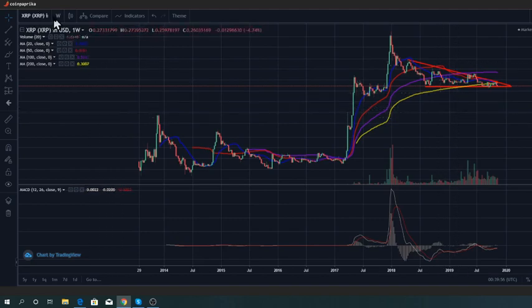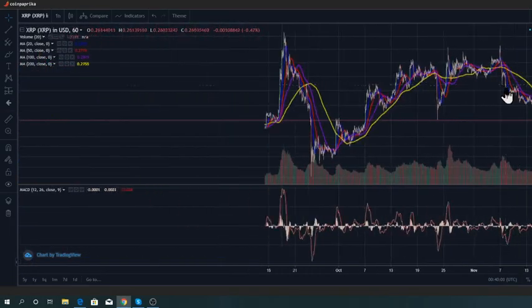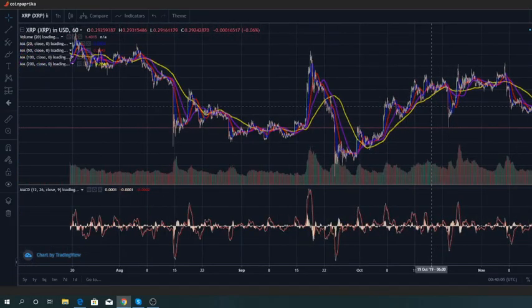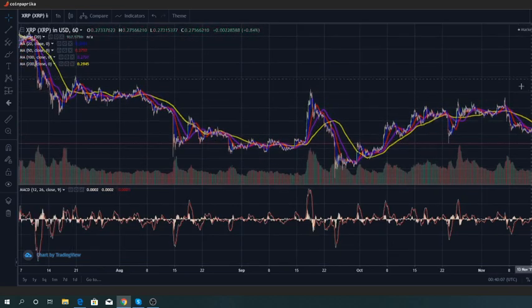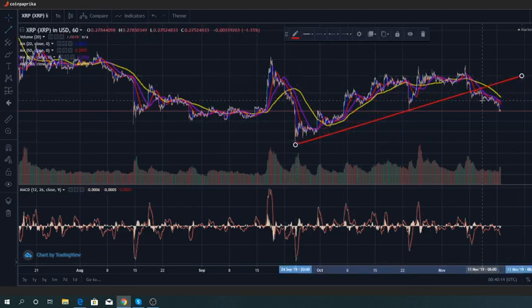Now looking at XRP, this is actually a weekly chart, but I'll prefer discussing on the 1 hour chart. If you see, it's more or less similar to that of Ether, right? The patterns forming here at present, because this is a 1 hour chart with all these moving averages, you will feel so. If you have been watching my videos, you know this.